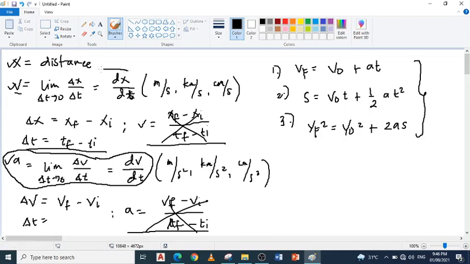Pati rin dito sa velocity natin. Okay? Kasi ito, na-derive lang gamit dito. Diba? Na-derive lang yung formula na to gamit itong mga change na yan. Okay? So, let's try to apply these formulas.